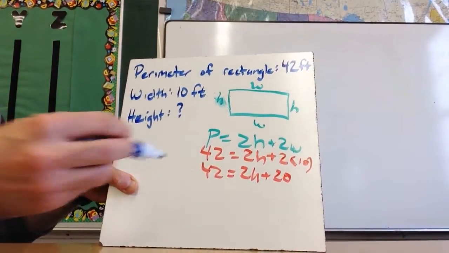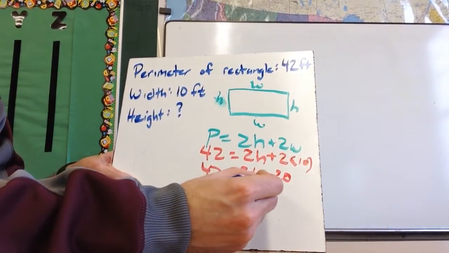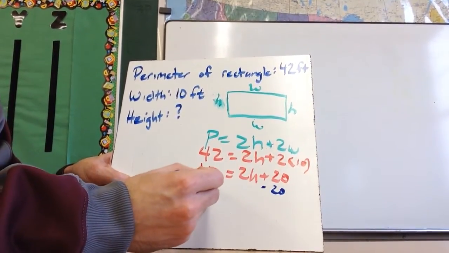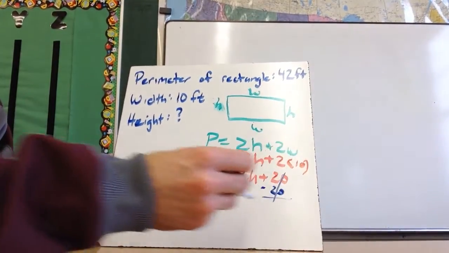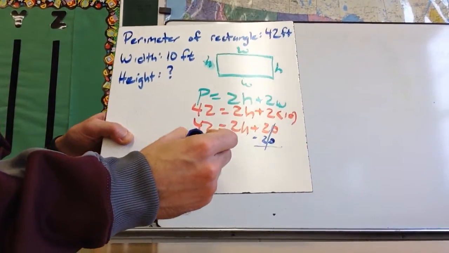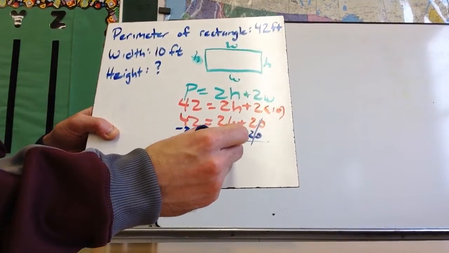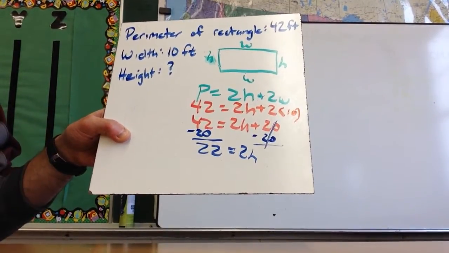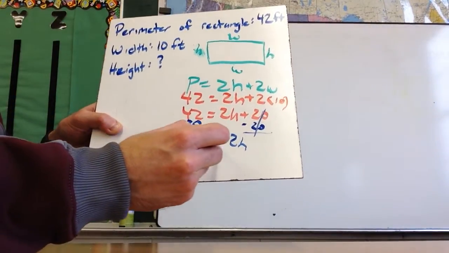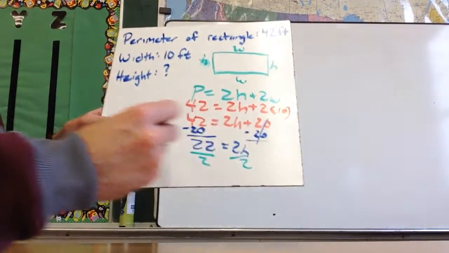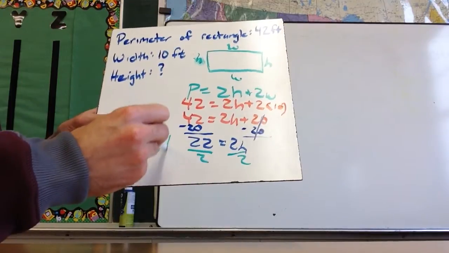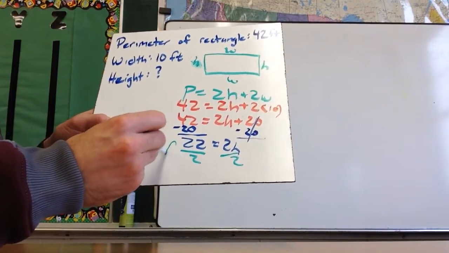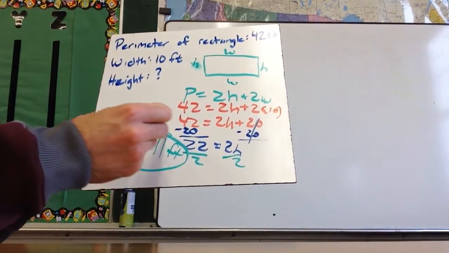Then I'm going to subtract 20 from both sides, and this becomes 22 equals 2h. Then I need to divide both sides by 2, and h equals 11. And that's 11 feet.